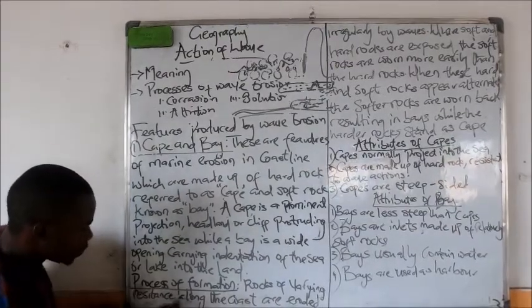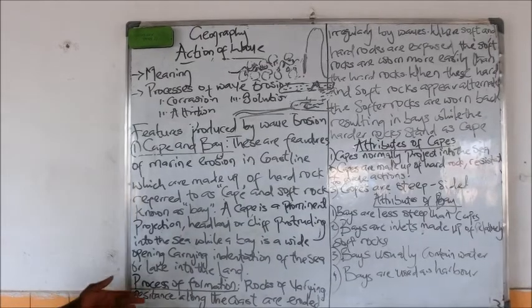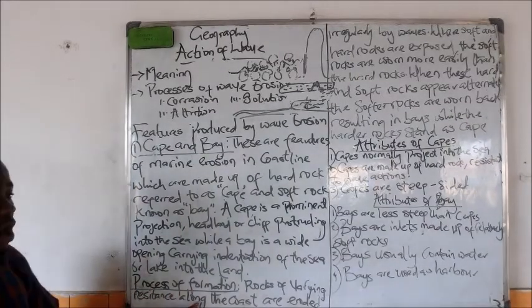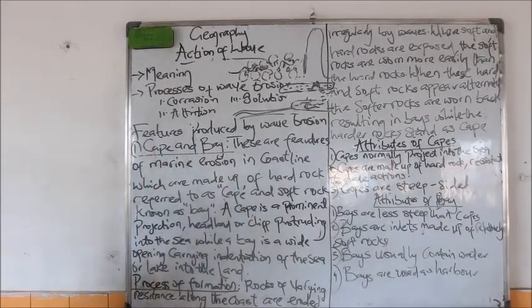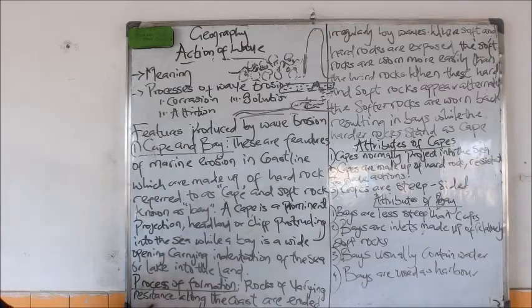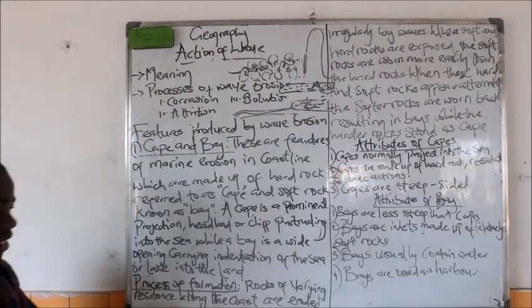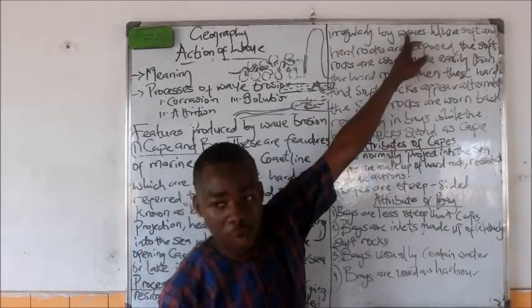Discuss the process of formation of cave and bay. Now I've explained it. Rocks of varying resistance along the coast are eroded irregularly by waves.